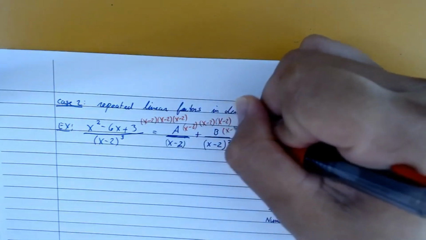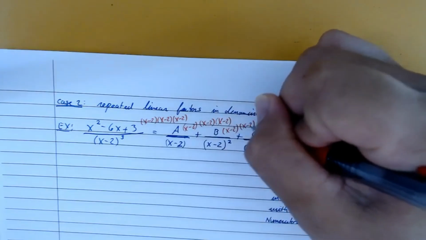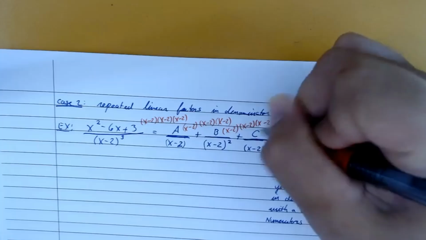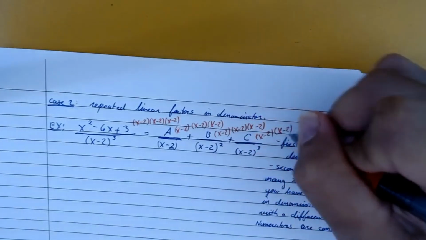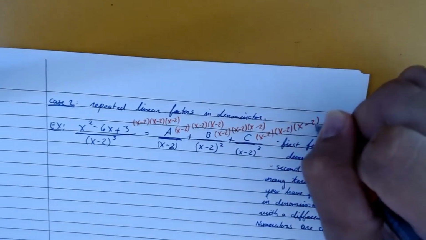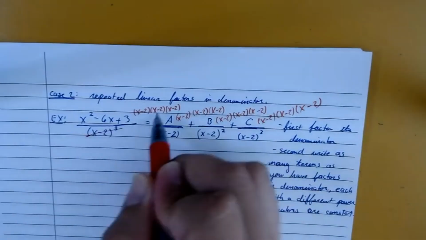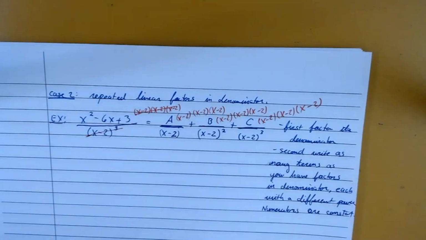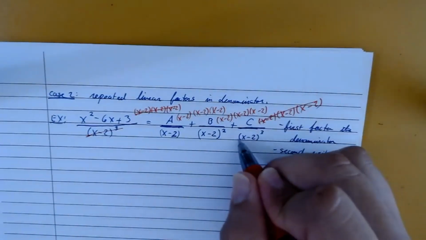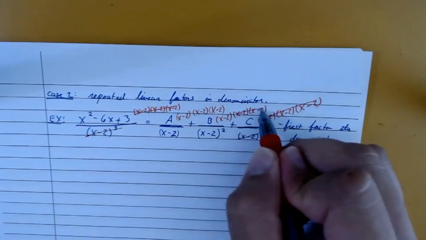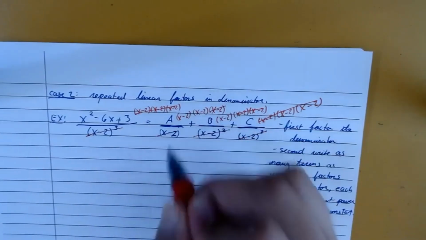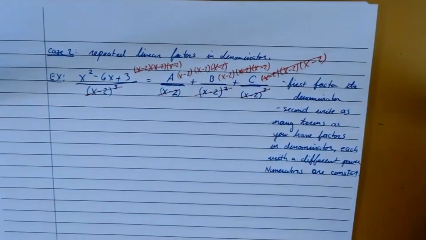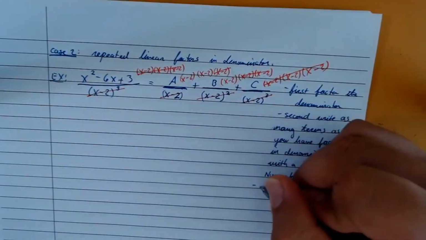And same thing for this one. Here, these 3 divide away those 3, so no more denominator. Here, those 3 divide away those 3. Here, 2 of those divide away 2 of those. And here, 1 of those divides away 1 of those. So, third, multiply by the common denominator.